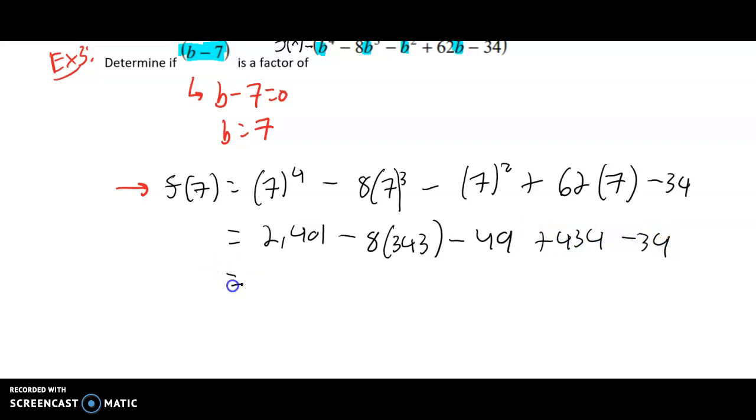Great, now we're just crunching numbers, so I'll go pretty quick here. This number is 2,744. And now we're just going to plug this into a calculator.